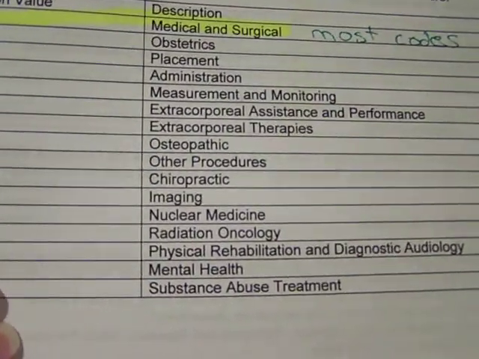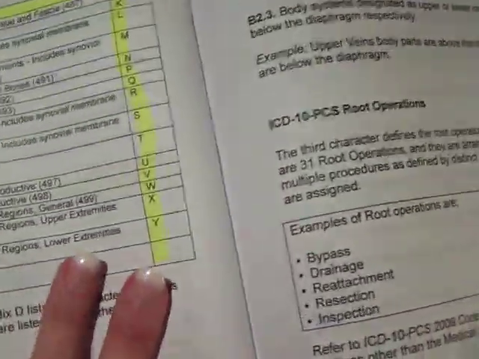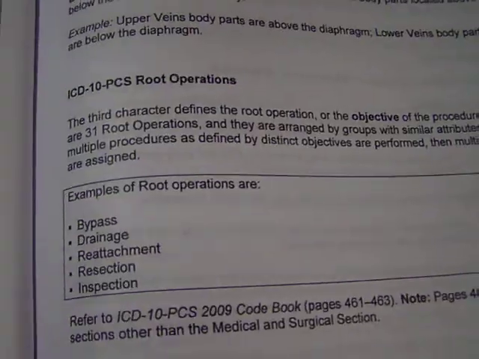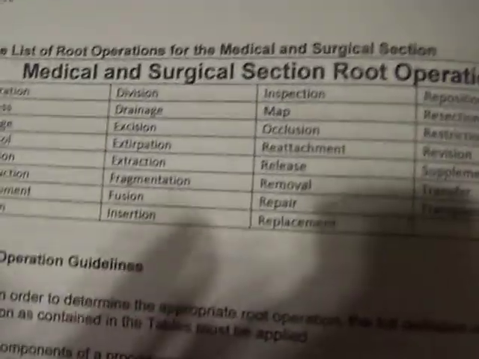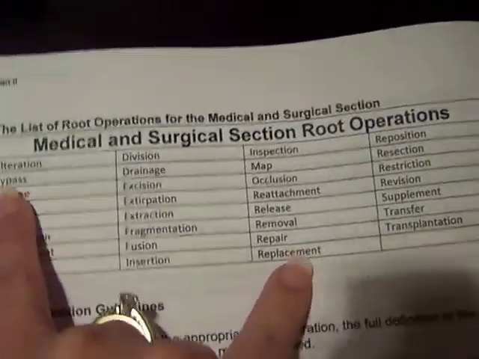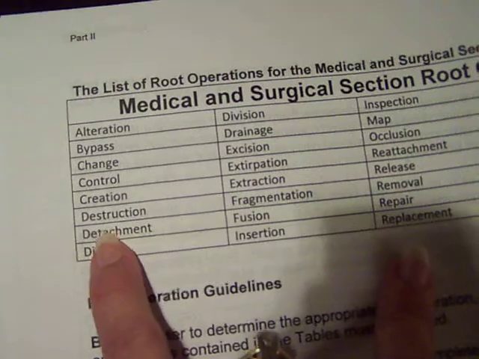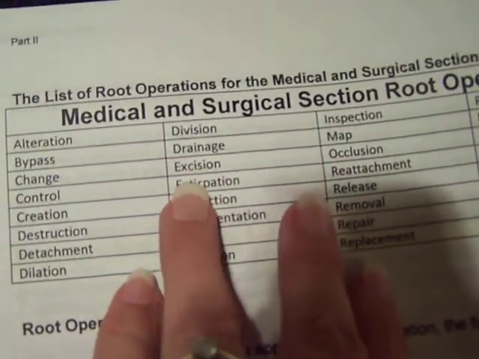Then we go to our root operation, which is our third value. Here it is, our root operations. We have alteration, bypass, change, control, creation, destruction, detachment, dilation, division, drainage, excision.